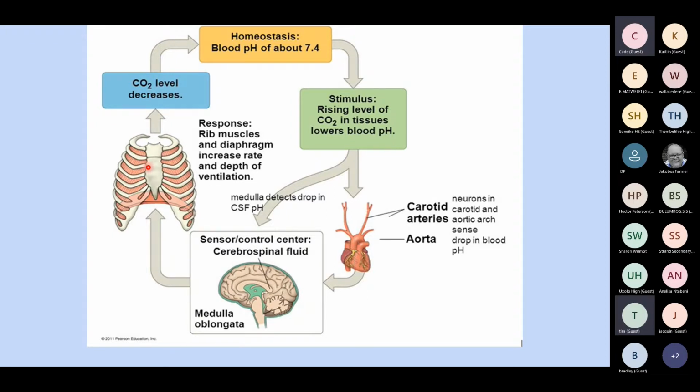The medulla oblongata will send impulses to the diaphragm and intercostal muscles. So the medulla oblongata will send impulses to the intercostal muscles and the diaphragm, which will increase the rate of breathing. Therefore, carbon dioxide levels will then decrease.